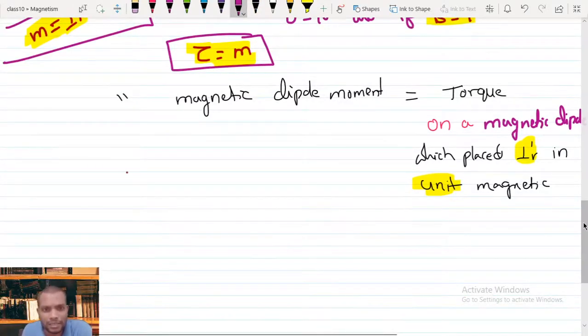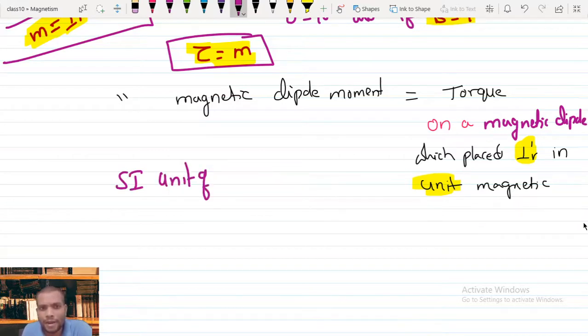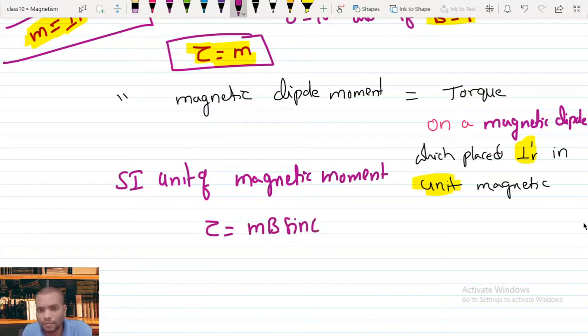So it is very important here, the SI unit of magnetic moment. Since tau equals mB sin theta, I need to define magnetic moment M equal to tau upon B sin theta.